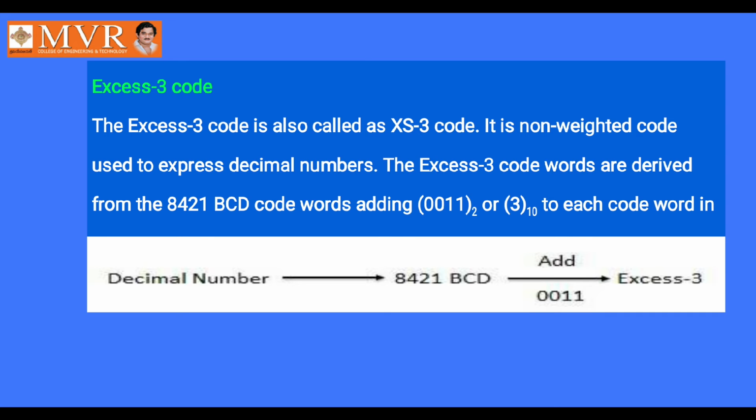So for any value, whether it is an 8421 value, a 2421 value or a binary value, you add 3 to that. The result is the XS3 code. I think it is very easy to understand. For whatever input is given, if you add the binary equivalent of 3 to that number, the result is nothing but the XS3 code. That is the way we generate XS3 code.